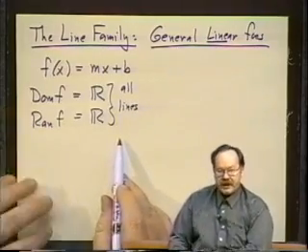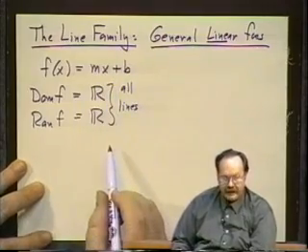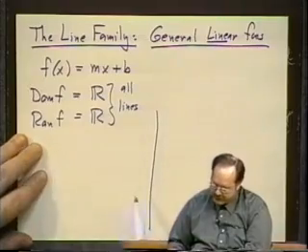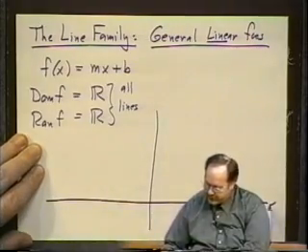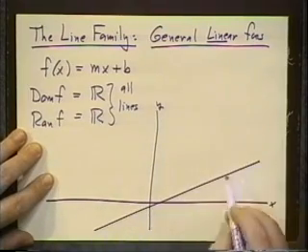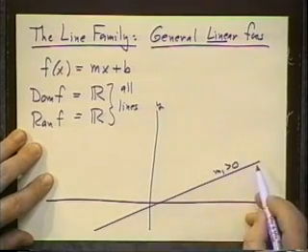There are no limitations, so these things hold for all lines. Now I say that because we're going to look at some special cases of this family separately on separate pages. So let's see if we can go ahead and draw a few of these. We might have one here with a slope that is greater than 0, so it's an increasing function.